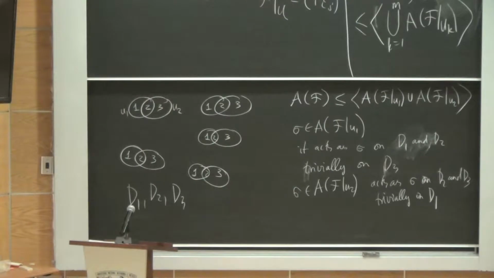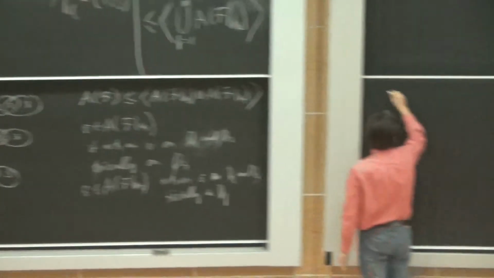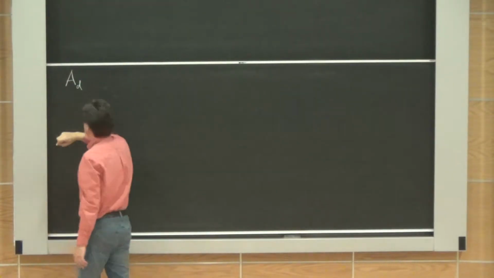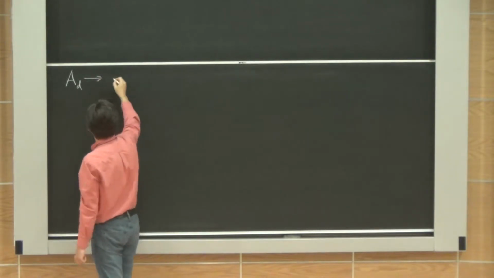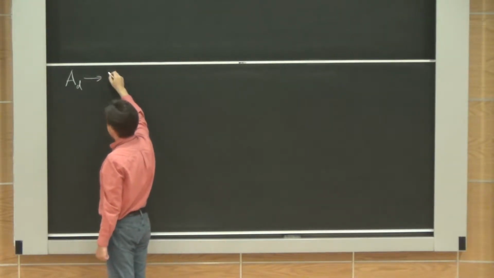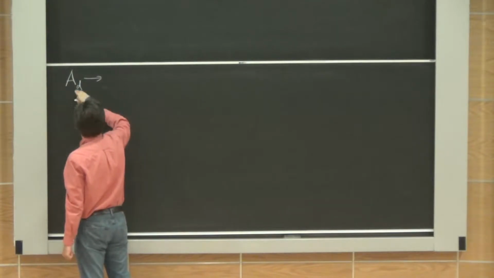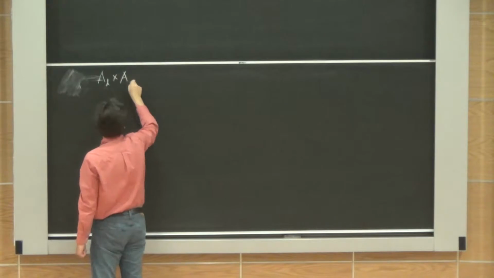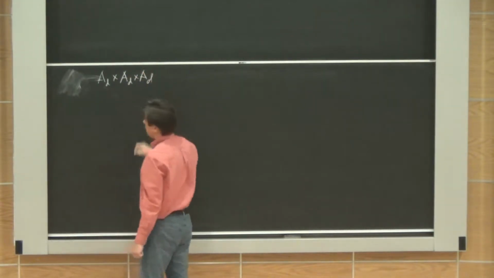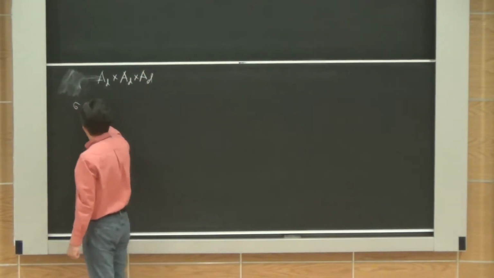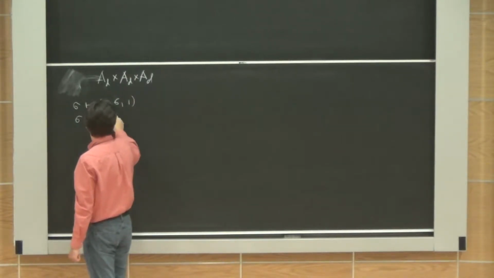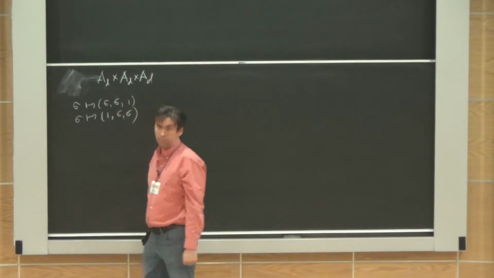So we have some alternating group A_D, where D is the degree, and there are two copies of A_D, and two maps to the direct product of these. One map maps sigma to (sigma, sigma, 1). The other maps sigma to (1, sigma, sigma).